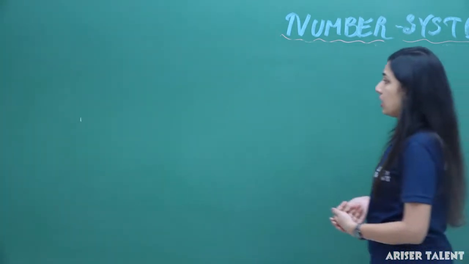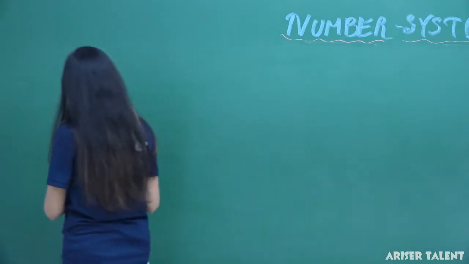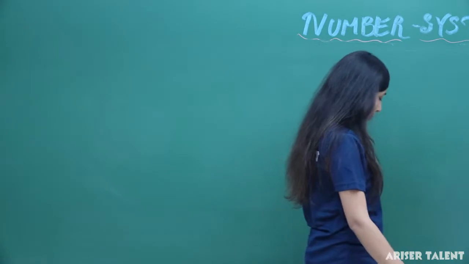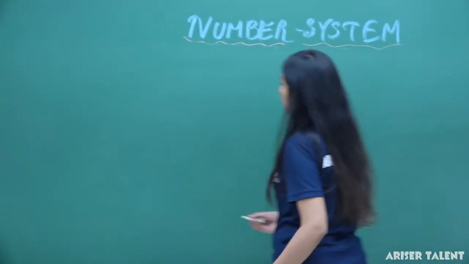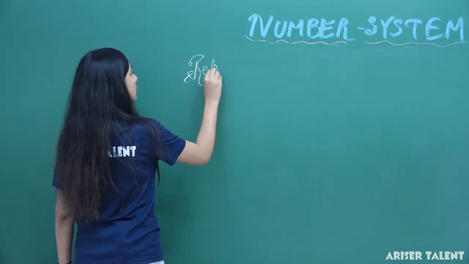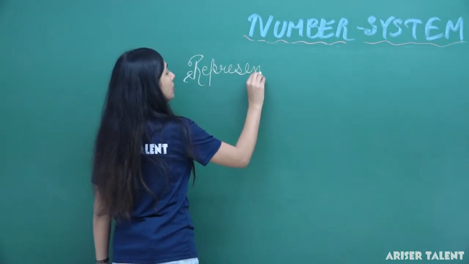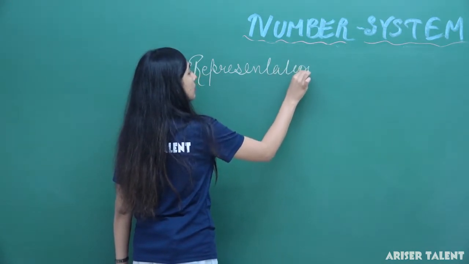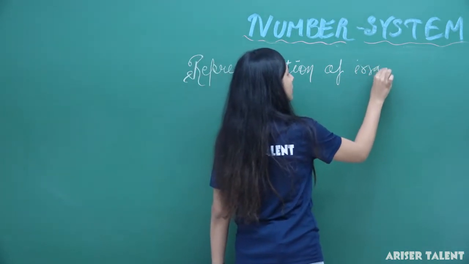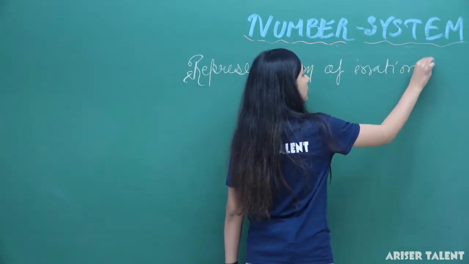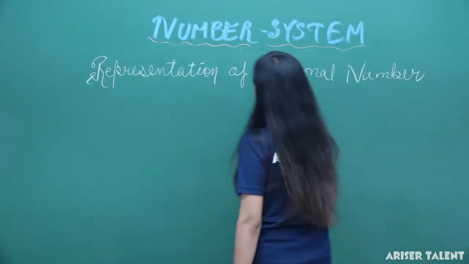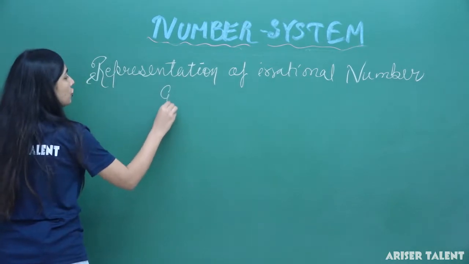Before doing the questions based on the identities, we are going to do one thing, which is representation of irrational number geometrically.